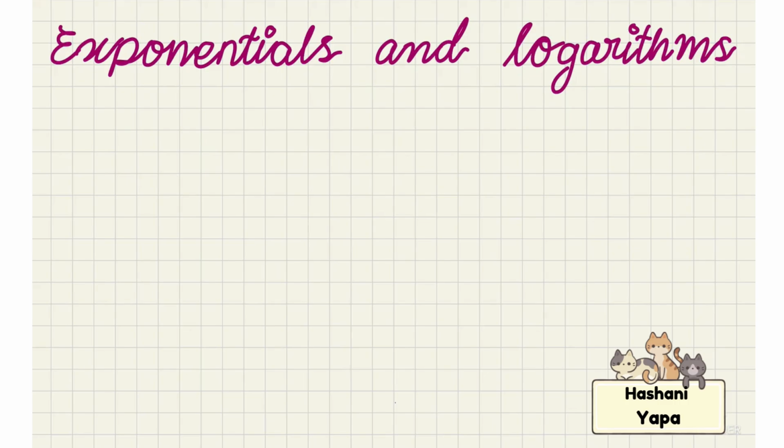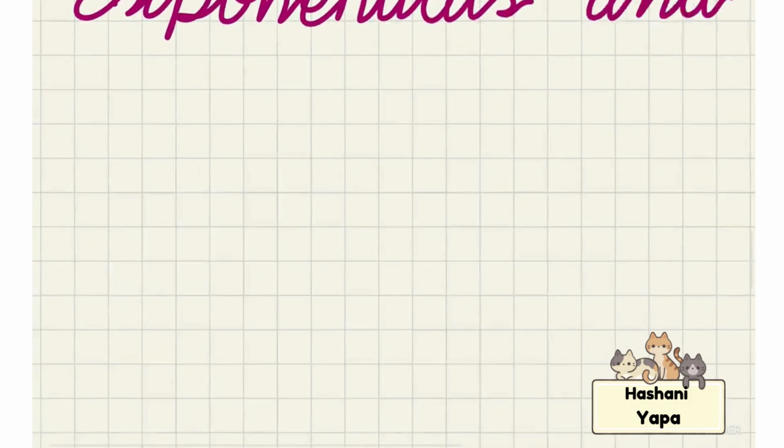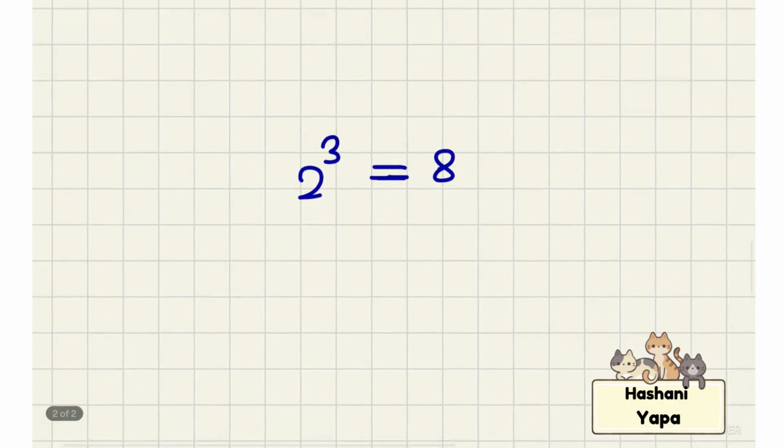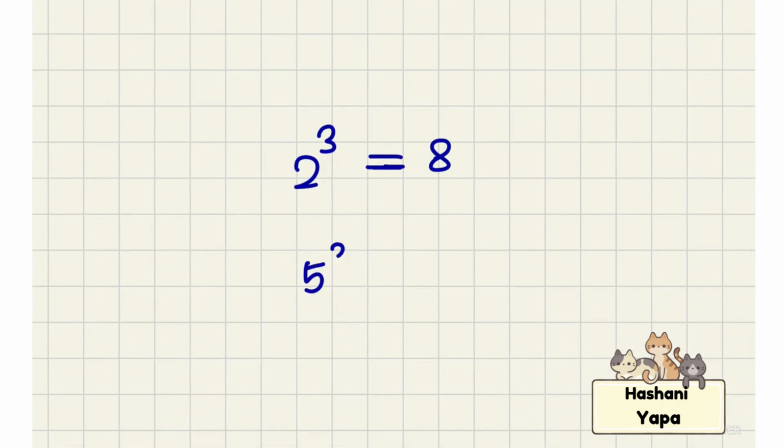So what are logarithms? You might already know about indices. What are indices? 2 to the power 3 equals 8. 5 to the power 2 equals 25. These are indices.